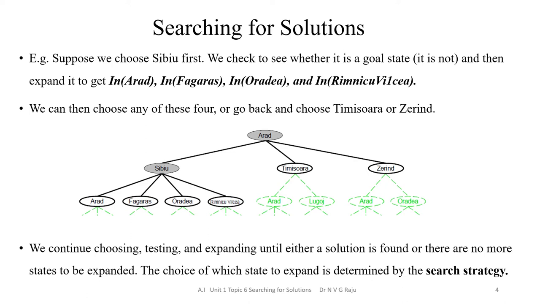In our example, after expanding in Arad, we got in Sibiu, in Timisoara, and in Zerind. After expanding in Sibiu, we got in Arad, in Fagaras, in Oradea, and in Rimnicu Vilcea. We continue choosing, testing, and expanding until either a solution is found or there are no more states to be expanded. The choice of which state to expand is determined by our search strategy.